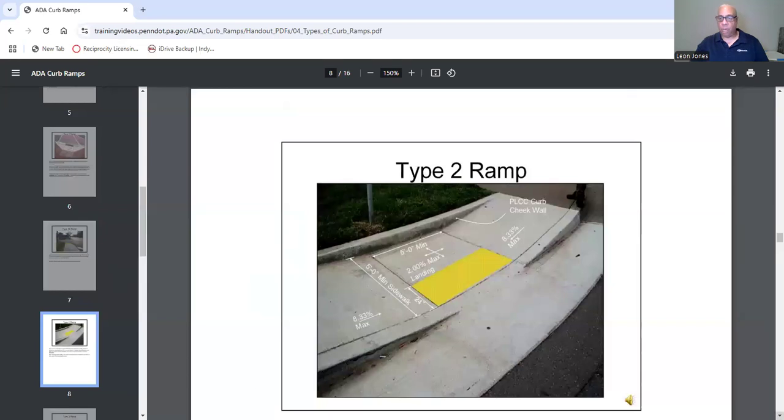We move on to a type 2 ramp. As you see, this is your slope, 8.33, 5 feet across, 5-foot minimum, detectable warning surface, and your cross slope, 2%.